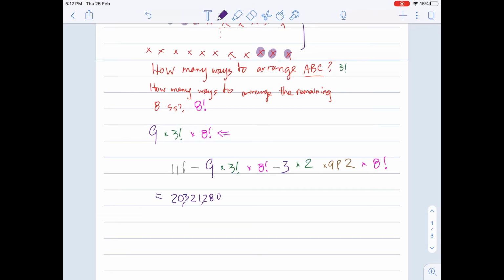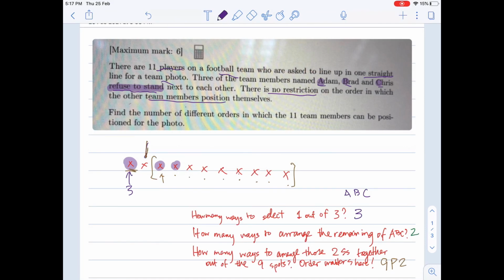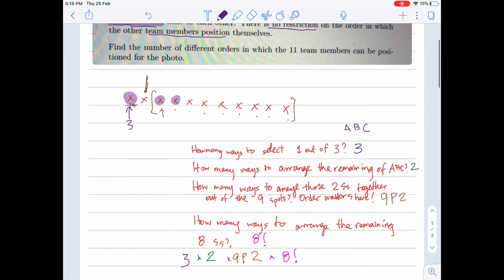So that's it. In these types of questions, when you are asked for the number of ways that a group of objects, students, or players cannot be placed next to each other, it's impossible to find using the direct method. We would rather find the number of ways that would violate the rule and subtract that from the total number of ways.